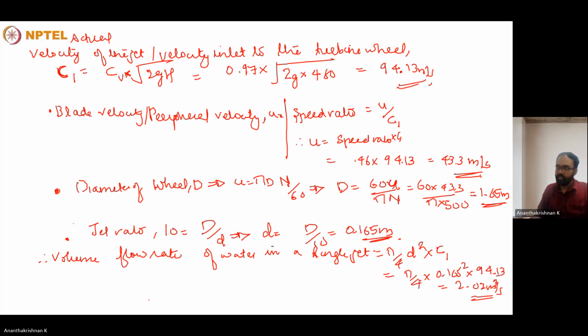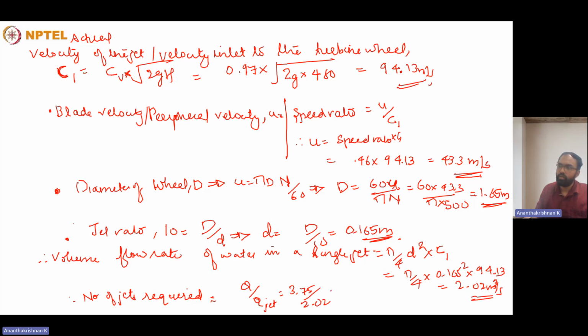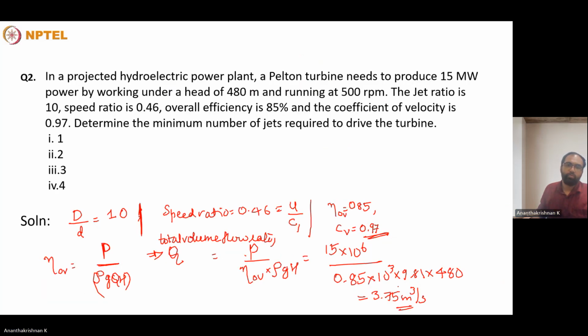So the number of jets required is equal to the actual volume flow rate divided by the volume flow rate in the individual jet. So that is equal to 3.75 divided by 2.02. That is equal to 1.85, and we can approximate it to be 2. So in order to achieve the total volume flow rate, the number of jets required is equal to 2.